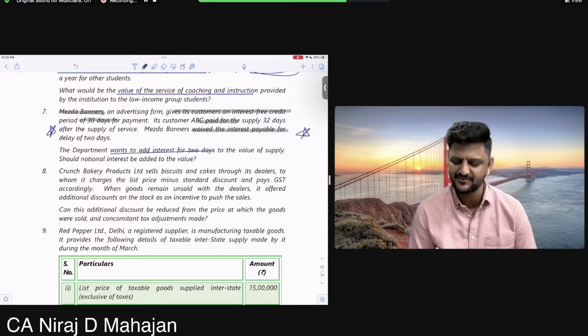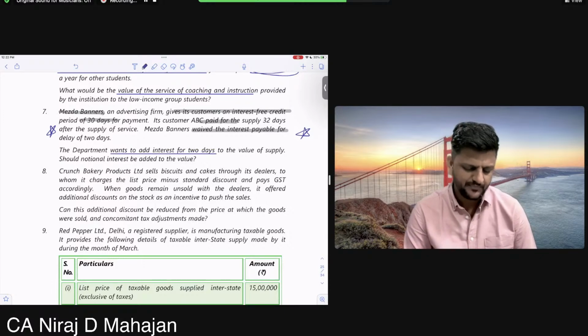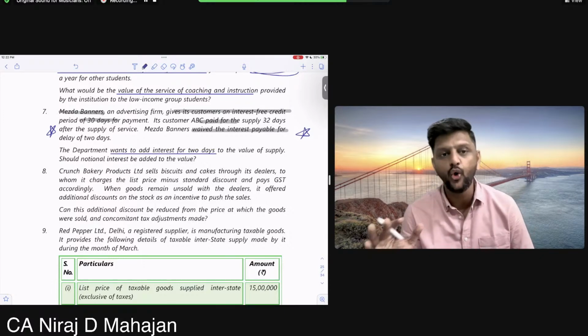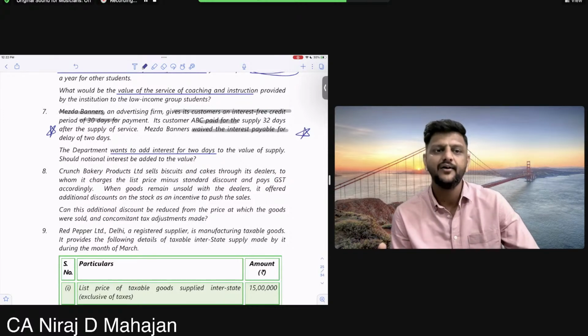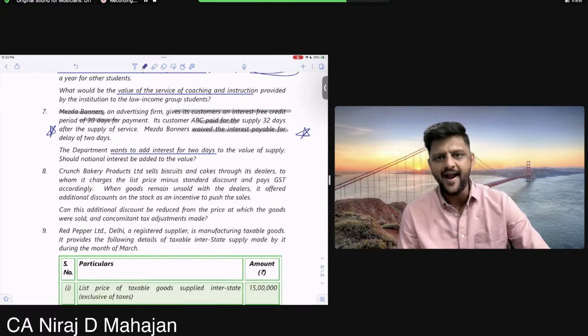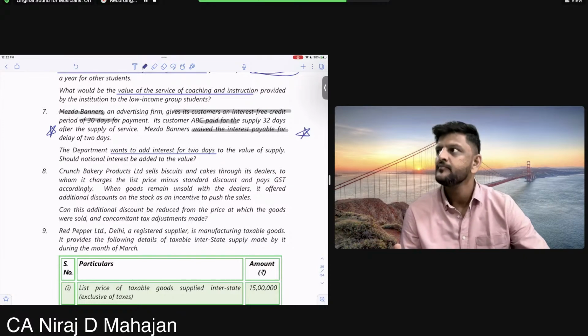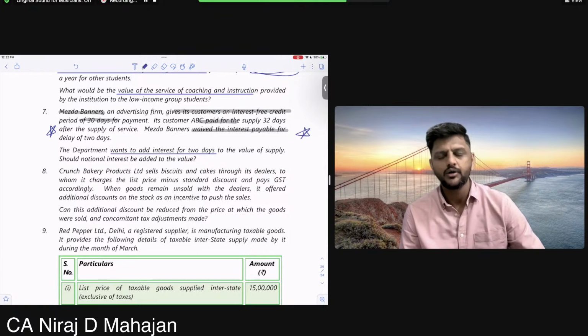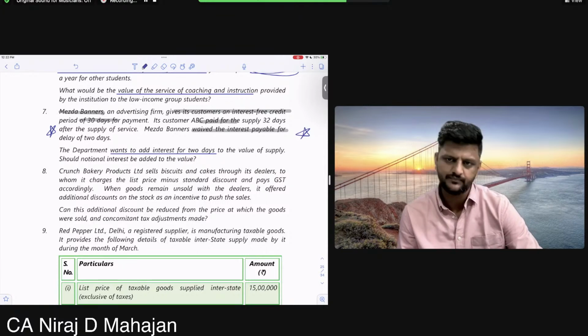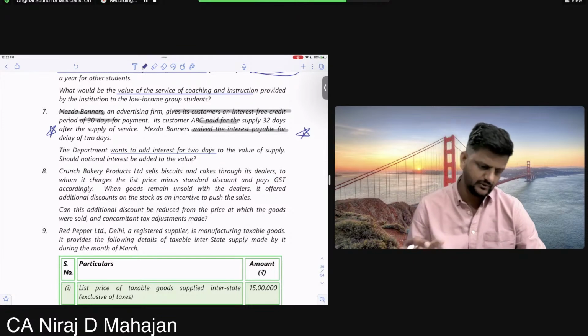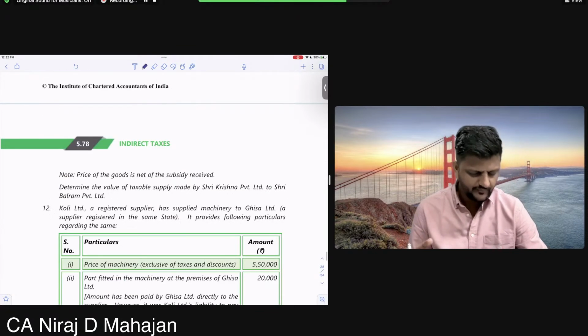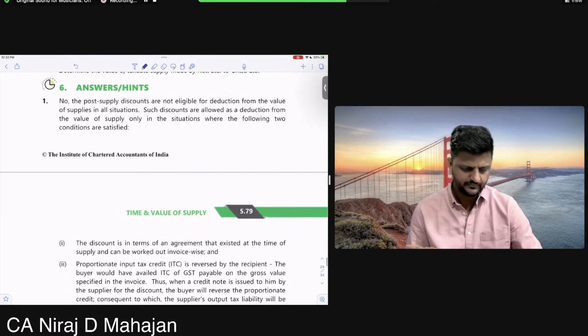You can't add interest for 2 days to the value of supply. Should notional interest be added? No, we cannot. There is no law like that. You can reduce discount. You can't add. You can't tell the seller to add it in the invoice price. No. Okay? You are completely free to give a waiver, children. Okay, all of you? Look at the answer if you want. Interesting question, but okay?